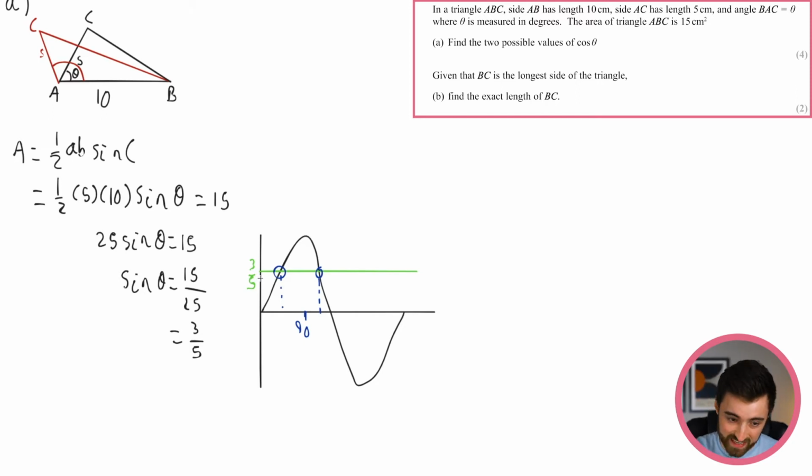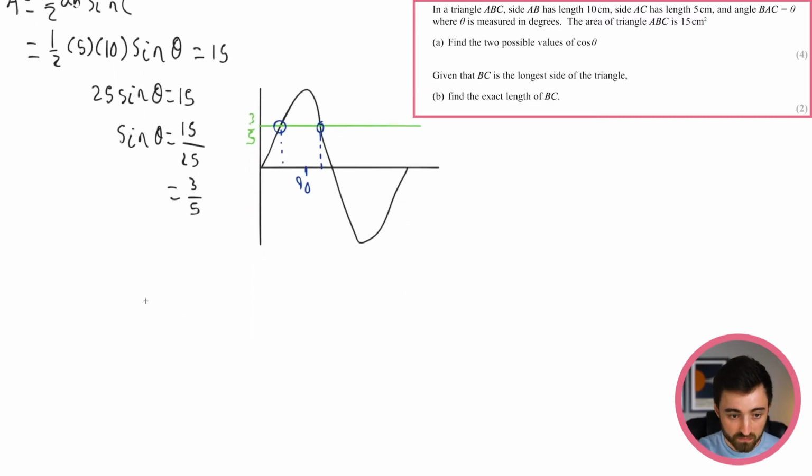So, yes, I could undo this. I could get the inverse sine and then put it into cos, but I could be a bit more clever. If I use the identity cos squared plus sine squared equals 1, I can get the value of cos theta from the value of sine theta without actually getting the value of theta.